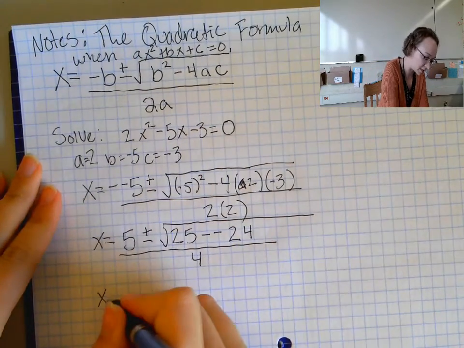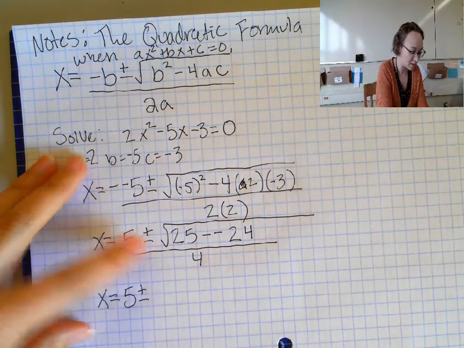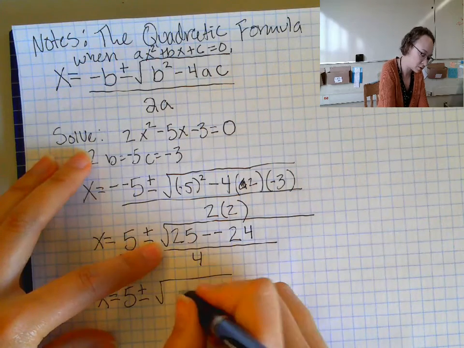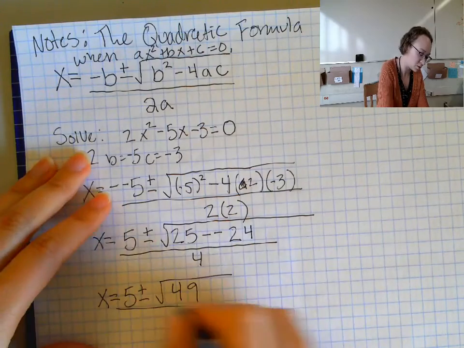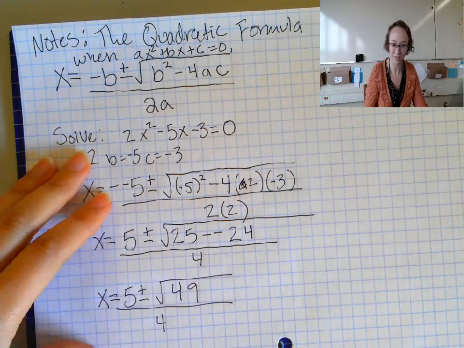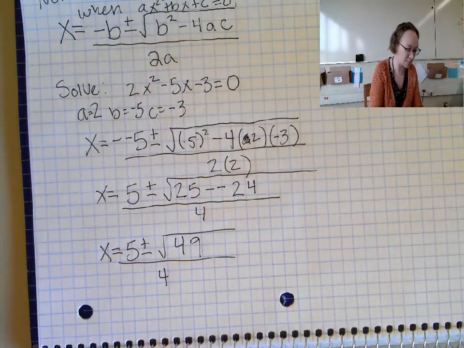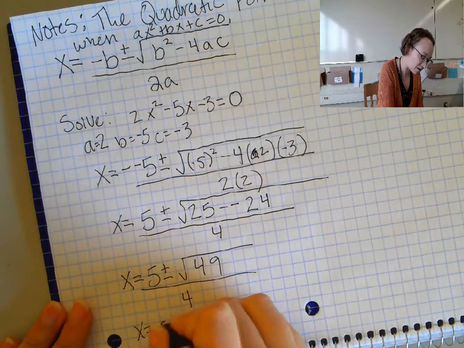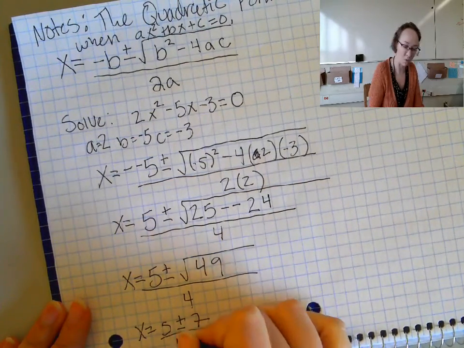Okay, so next step, I'm still going to leave this 5 out here. I'll deal with that at the end. And then square root of 25 minus a negative 24, that's like plus. So square root of 49 over 4. Fantastic. 49, that's a square number. This is amazing. So this means I have x equals 5 plus or minus 7 over 4.